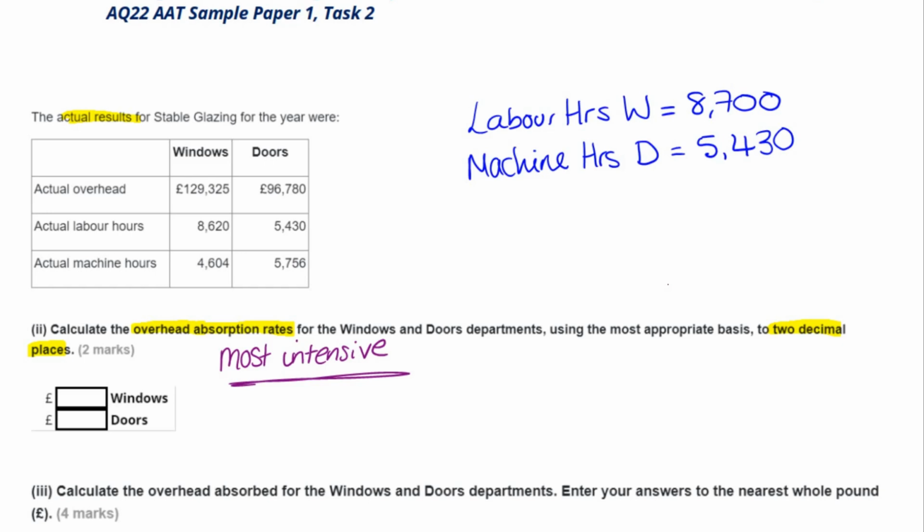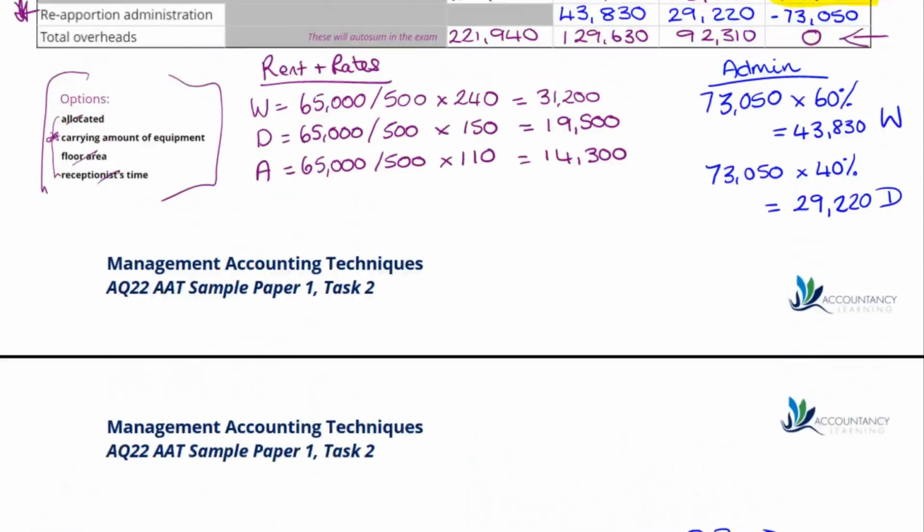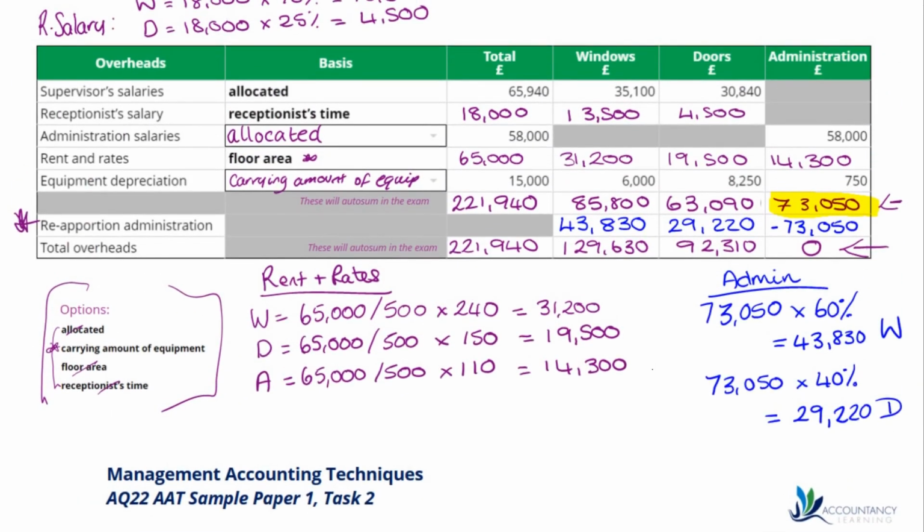So to calculate our overhead absorption rates for windows and doors, we are going to take the figures that we have got from our previous question, and we are going to be using these figures here as our total overheads to calculate our overhead absorption.